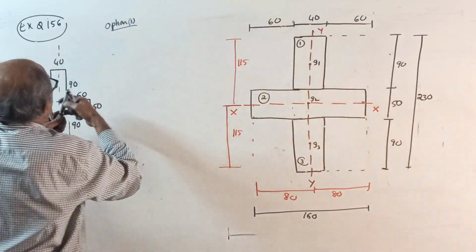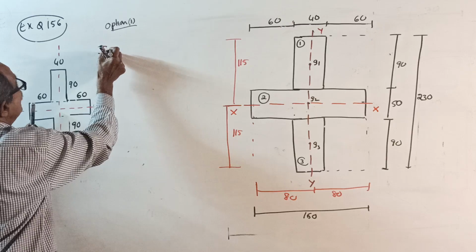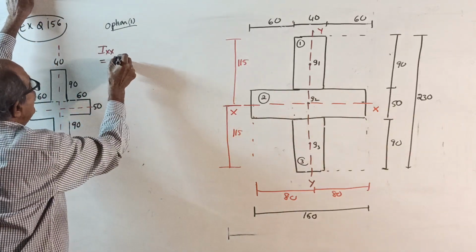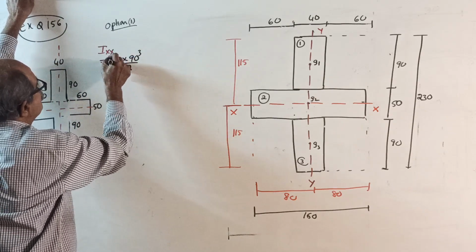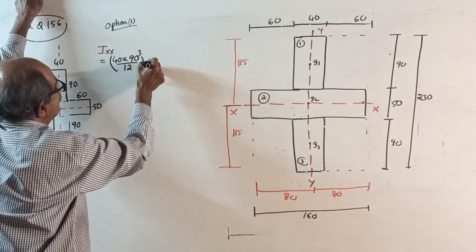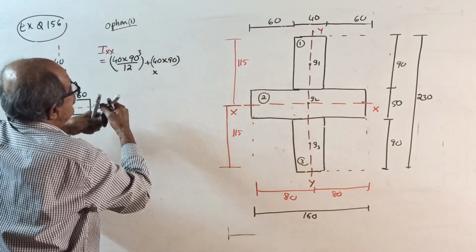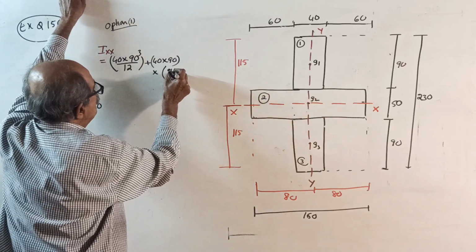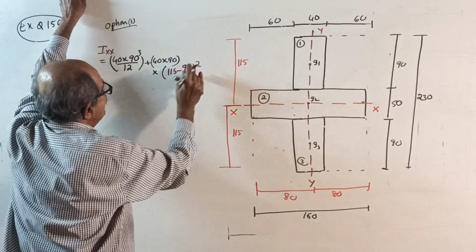Now, IXX. I will go non-stop right here without explaining anything. This time I am not explaining. IXX equals 40 into 90 cube by 12 plus 40 into 90, the area, into 115 minus 90 by 2, whole square.